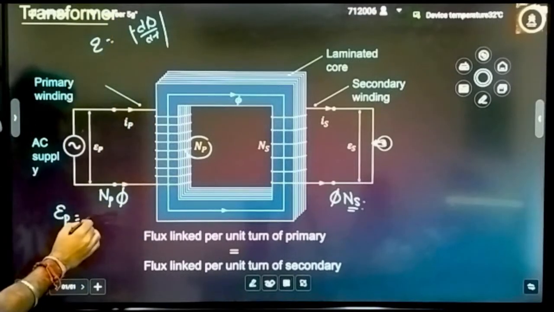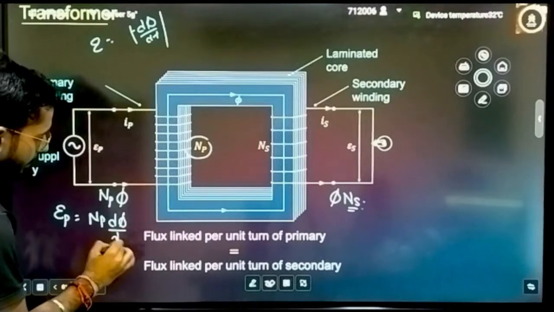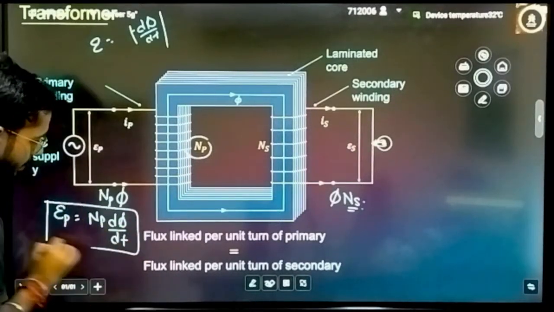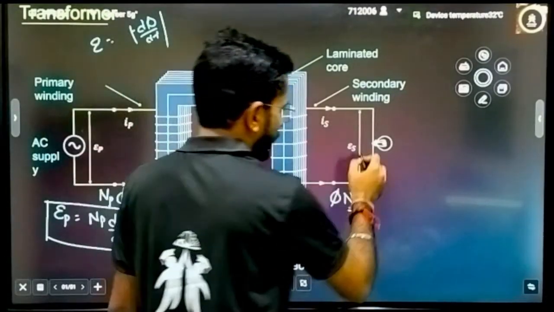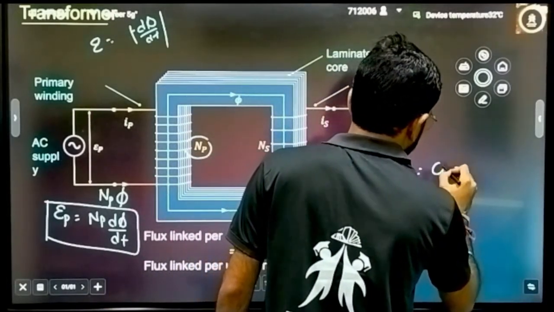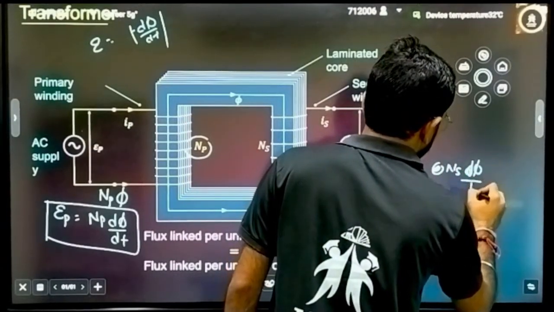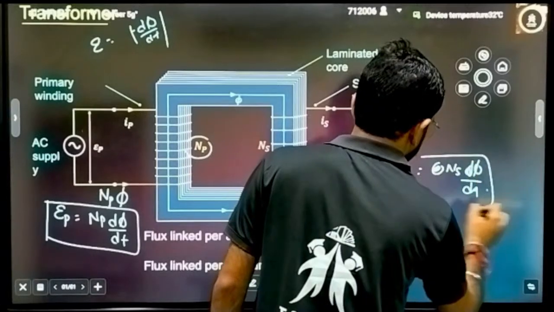So differentiate it: you will write NP d phi by dt on this side. And the secondary EMF, ES, will be written as NS d phi by dt.